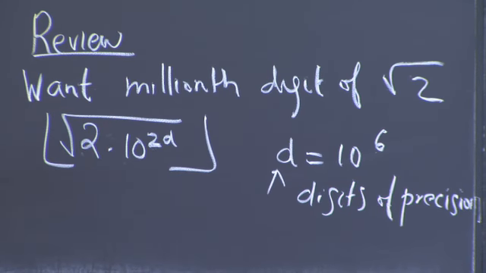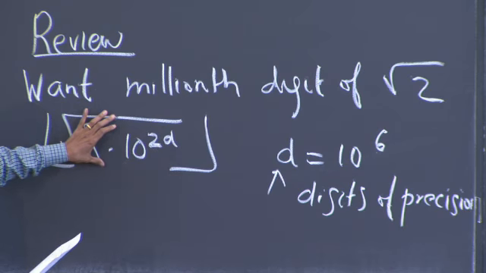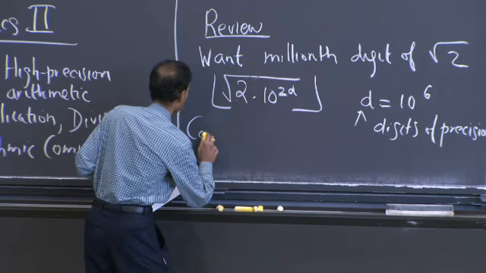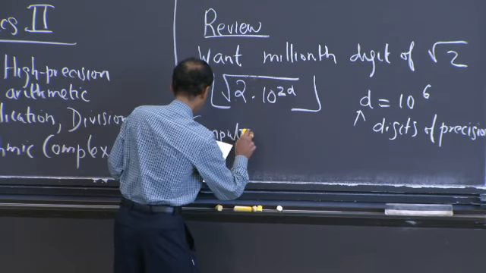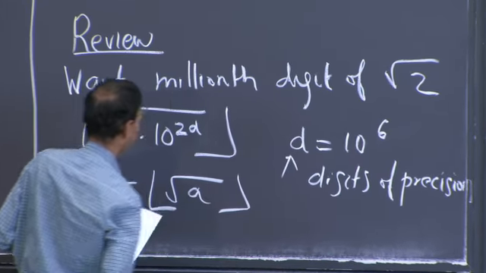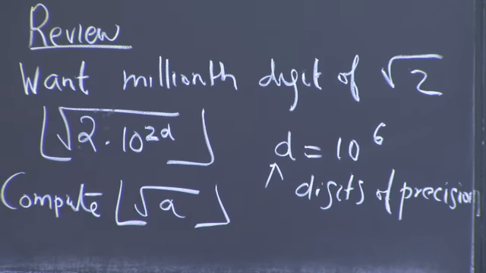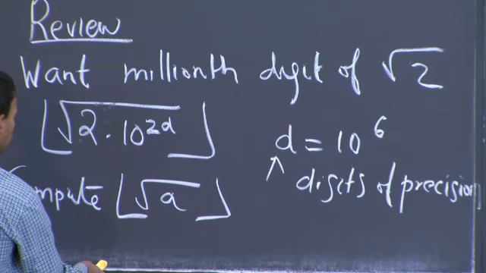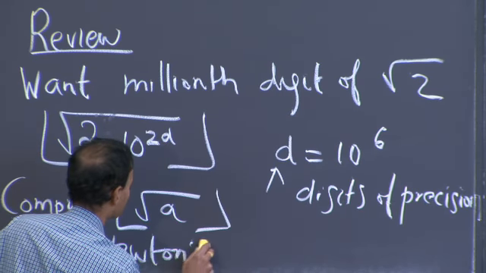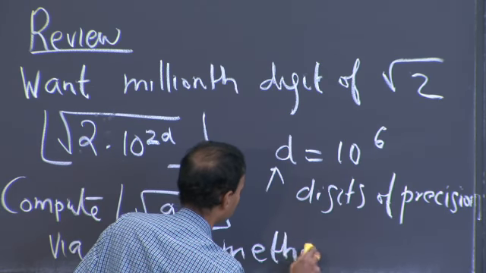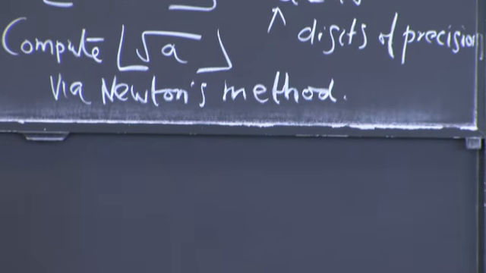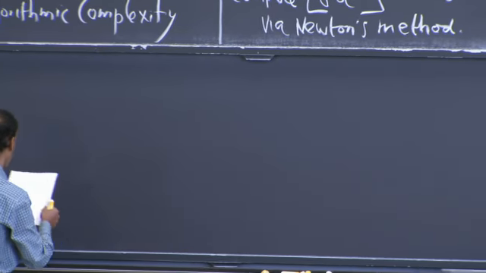So we'll take a look at an example or two here as to how this works with integers. But what we do is compute essentially the floor of the square root of some quantity a via Newton's method. And the way Newton's method works is you go through an iteration.